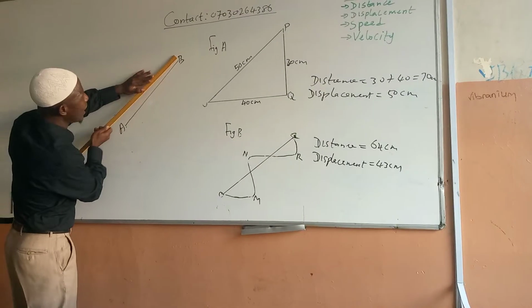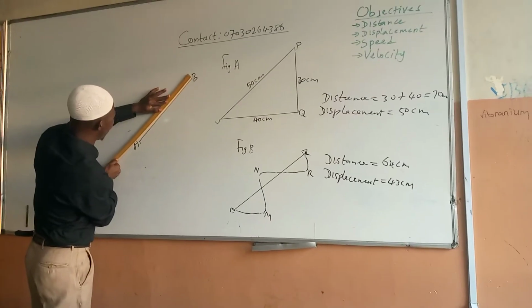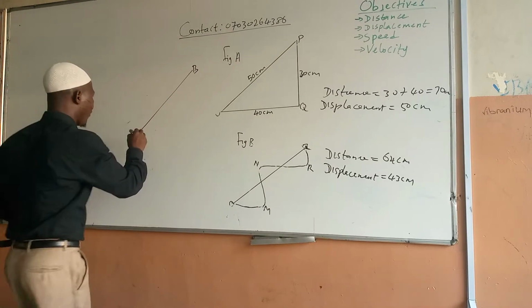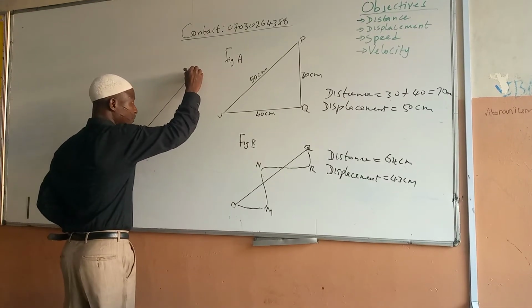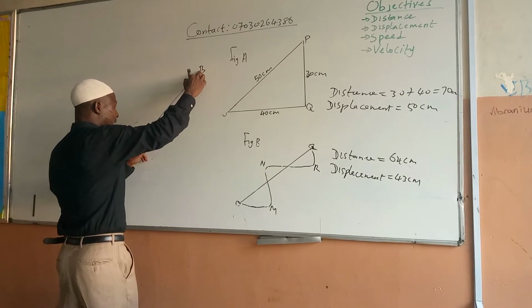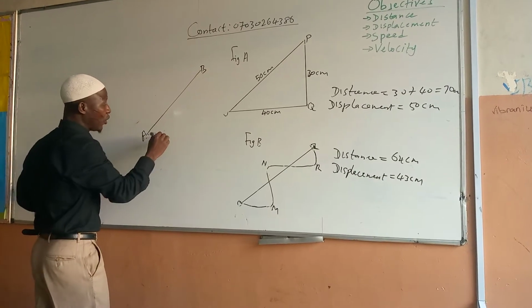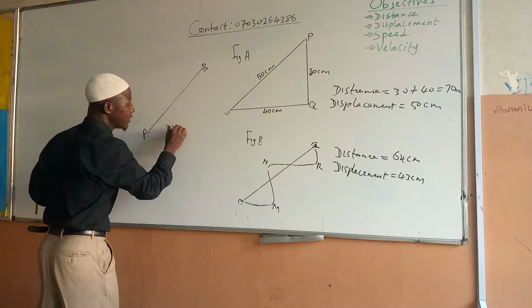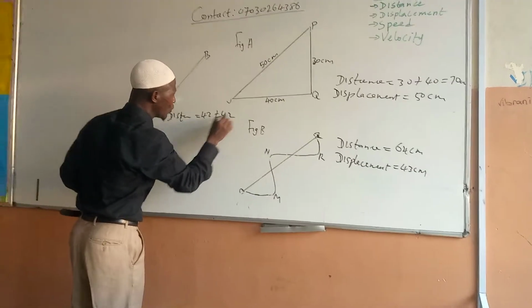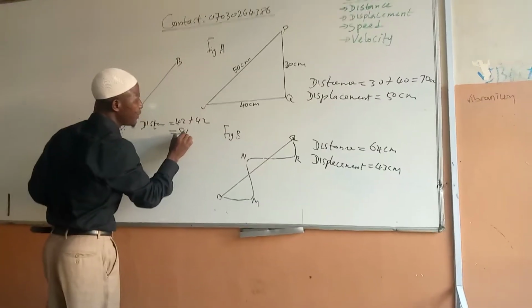To measure this one, which is giving me 42 centimeter. From here to here is 42 centimeter. You now measure it back because it has gone like this, and came back to this place. Therefore, the distance covered is equal to 42 plus 42, which is equal to 84 centimeter.